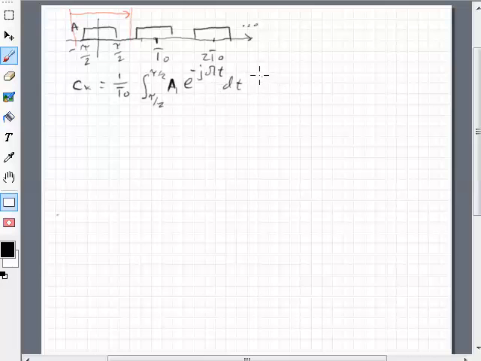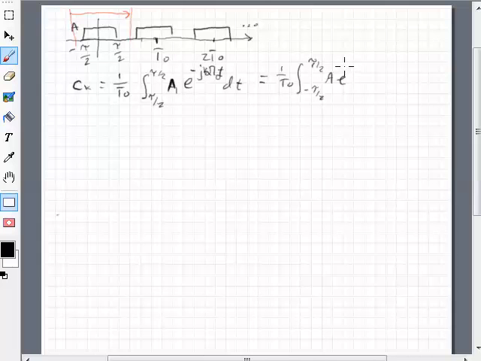And I'm going to go ahead and write this in terms of frequency. 1 over t0, integral from minus tau over 2 to tau over 2 of A e to the, oops, I forgot to put a k there. There's a k there and an omega naught there. Don't worry about that.